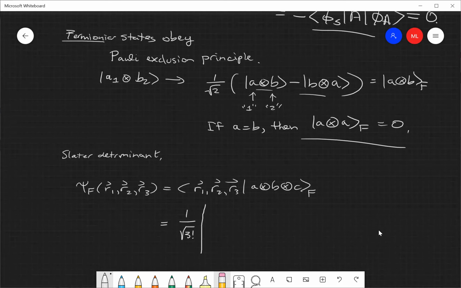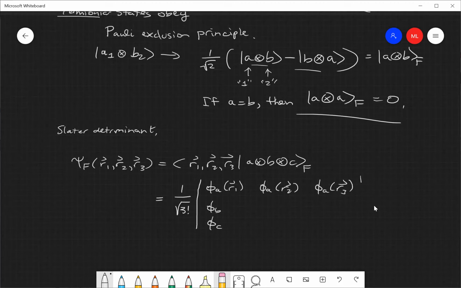Along the rows, you write the wave functions for the 3 different states you're considering, and along the columns, you write the particle identity, 1, 2, 3. That gives you all the different ways of writing A, B, and C in different orders with the right minus signs attached. That just comes from the rules of how you multiply out determinants.